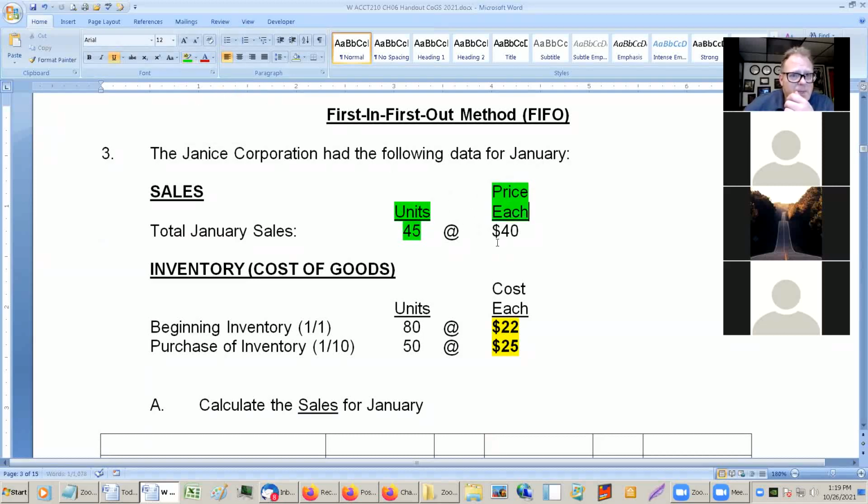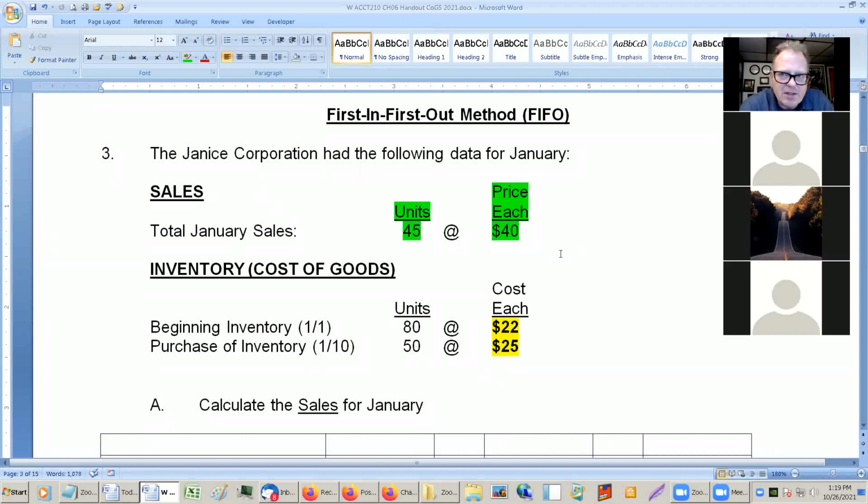And again, the selling price is easy. They took the item, whatever they handed you back, that was the sale. Whatever it was, in this case, $40, but it could be whatever it is.